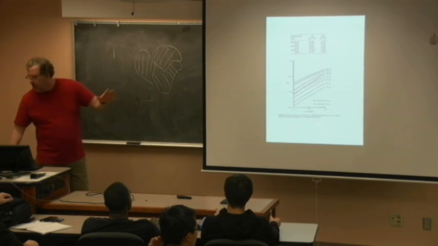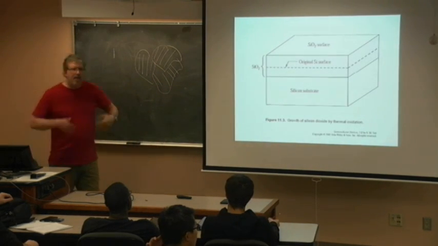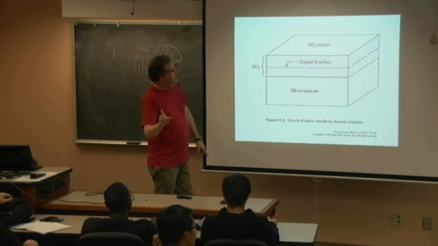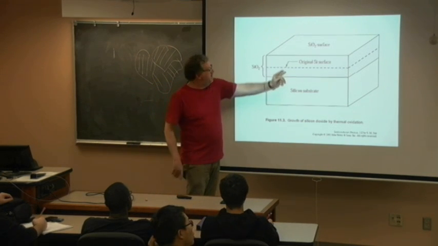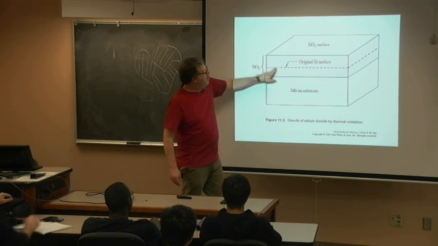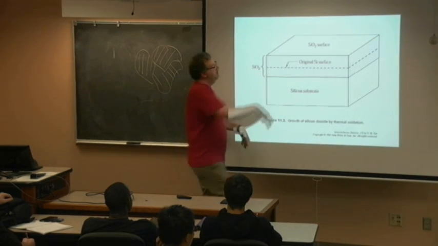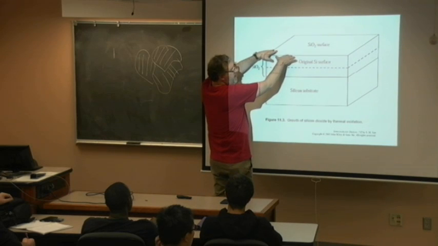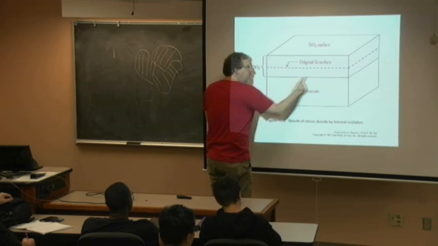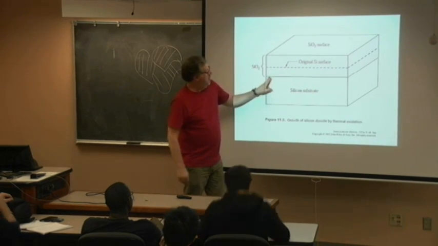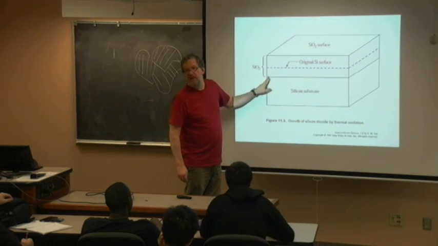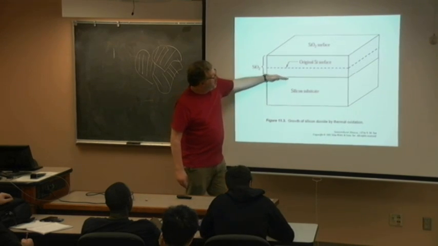So there's all these curves and how to calculate. Maybe the only thing to take away, because this is going to be a setup of the FETs, is to recognize that the original surface gets buried, and as we oxidize, we're oxidizing from the outside in, and in some field effect transistors this will become that channel.